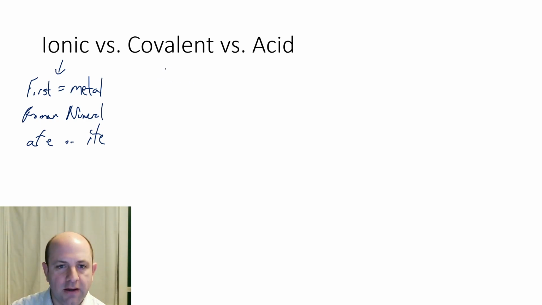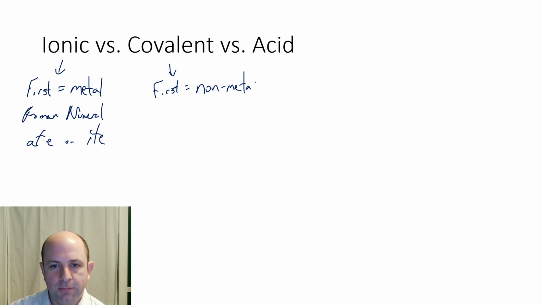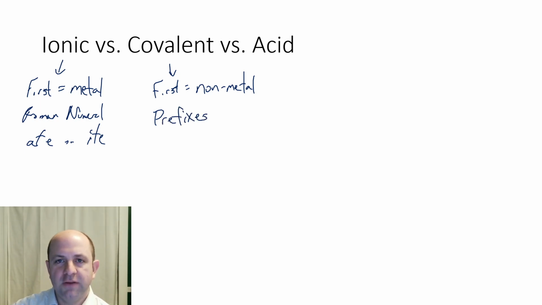For covalent compounds, then, the first thing you're looking for, again, whether you're looking at the name or the formula, is going to be a nonmetal. So if you see the first thing, hey, that's oxygen, it's nitrogen, it's carbon. Those aren't metals. Okay, assume it's covalent. The other thing that you'll look for as a clue, especially if you're looking at the name, are prefixes.